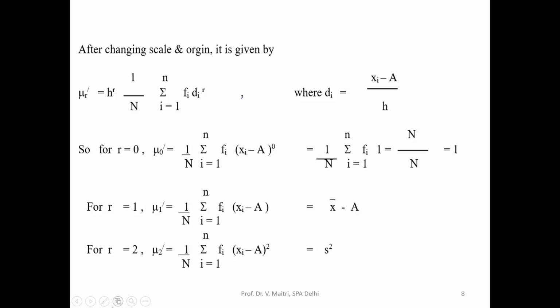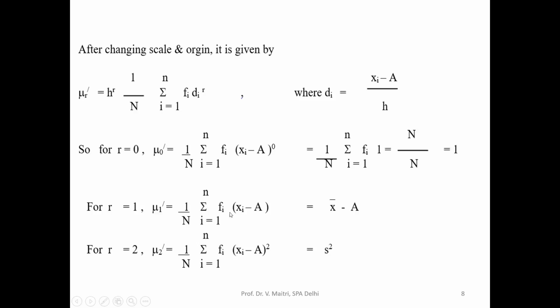Otherwise, for r equal to 0, mu 0 dash is 1 by N, summation i going from 1 to n, f i times (x i minus a) raised to power 0, which is nothing but 1. For r equal to 0, mu 0 is equal to mu 0 dash. For r equal to 1, mu 1 dash is equal to, here a is unaffected.